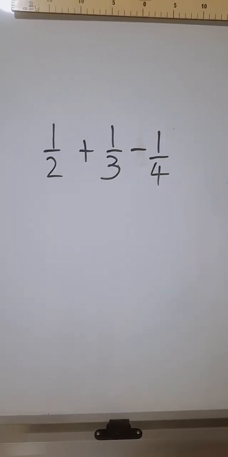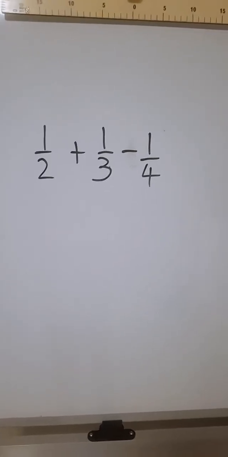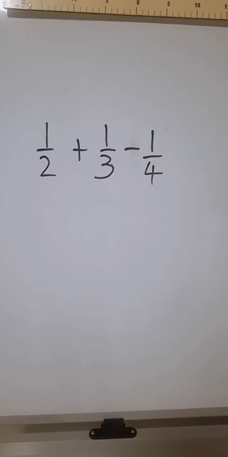How about that? Step by step, what do we do answering a question like this? 1 over 2 plus 1 over 3 minus 1 over 4, step by step. What is the first step to adding and subtracting fractions? What must first happen?